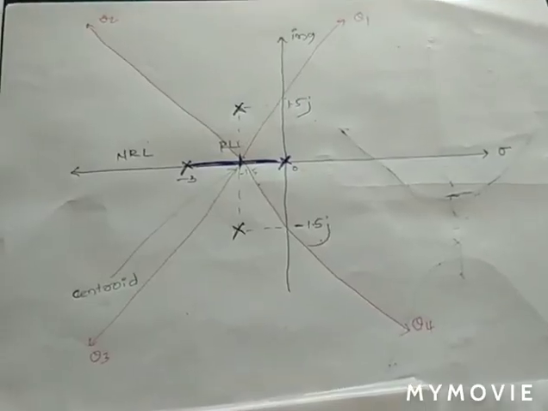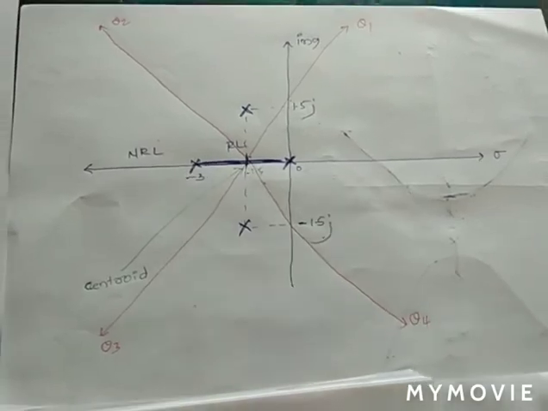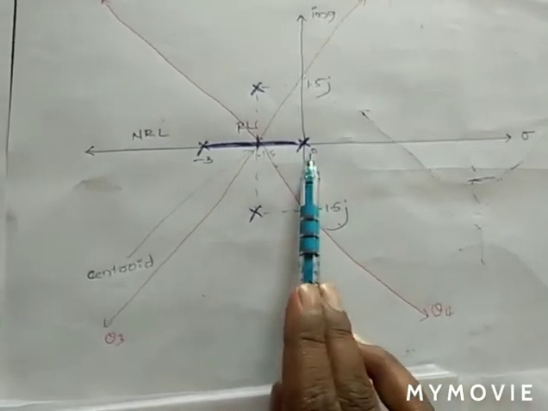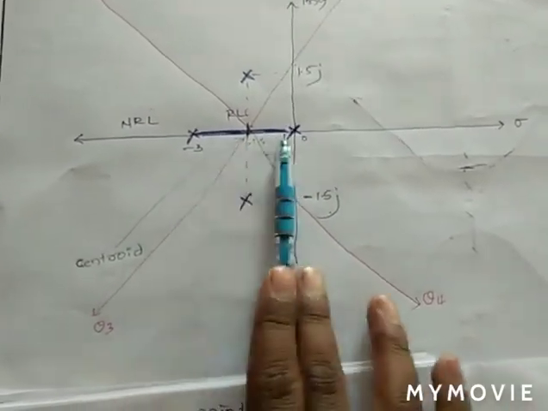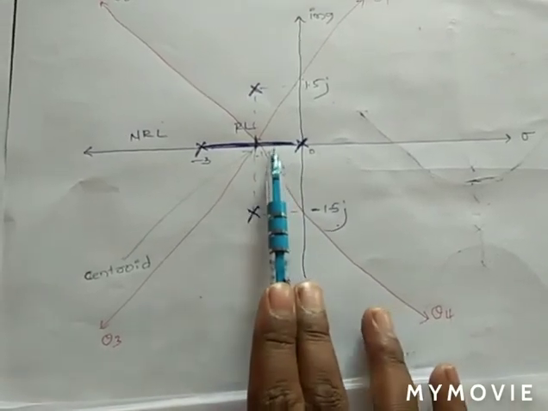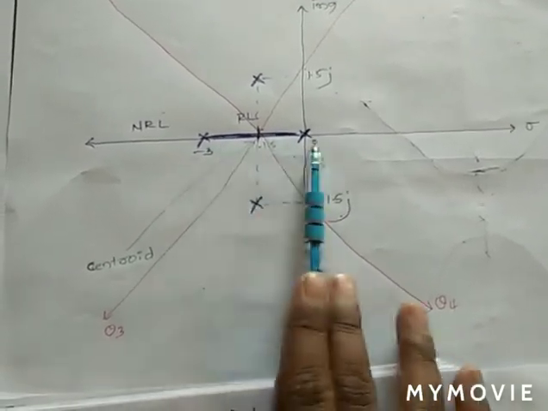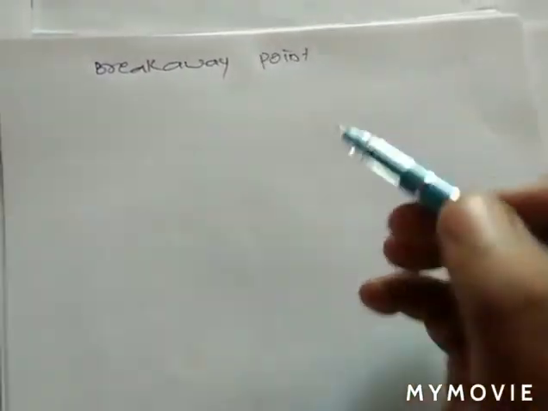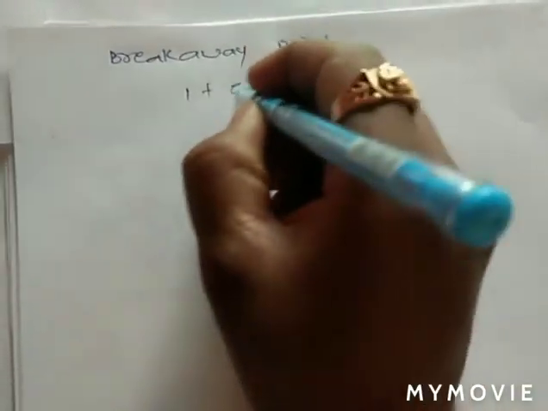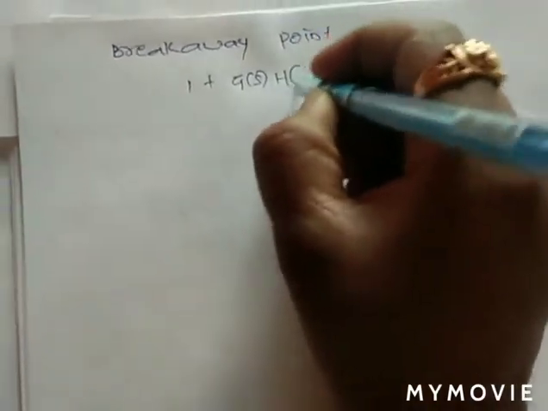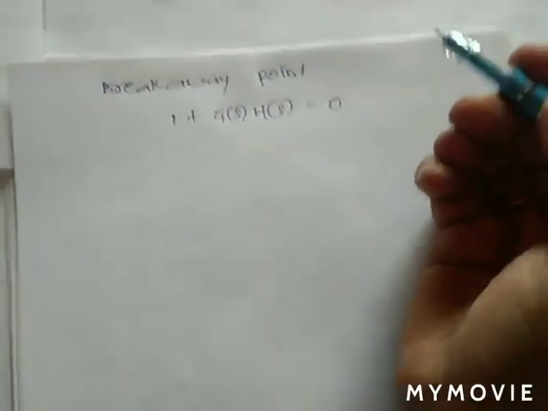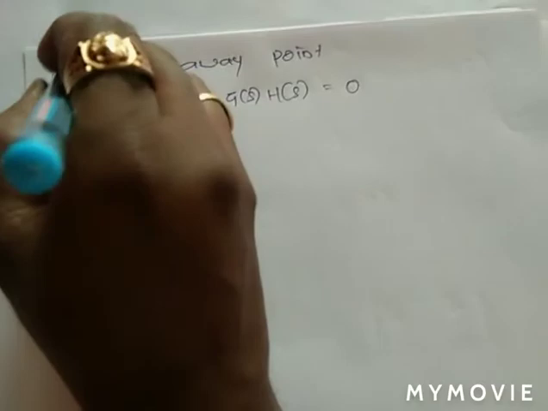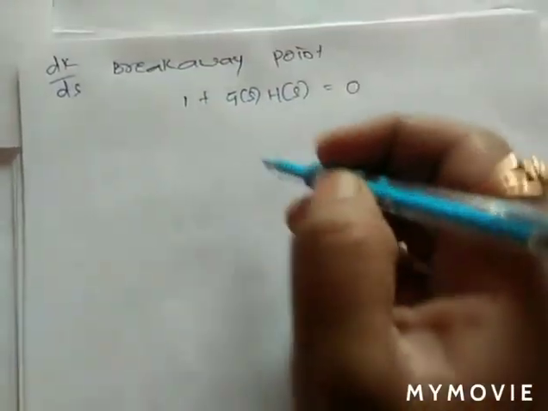Breakaway point, whether breakaway point is existing, yes, with respect to the prediction, two adjacent poles are there, in that root locus is existing, so we can predict that here we can have a breakaway point. So we'll solve breakaway point, that is 1 plus g of s into h of s equals to 0. So for breakaway point, I told to remember dk by ds.